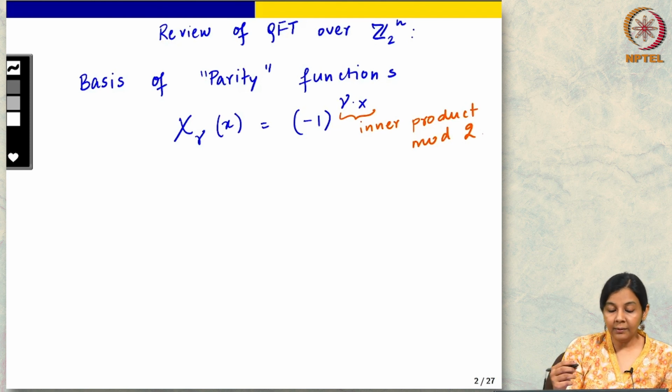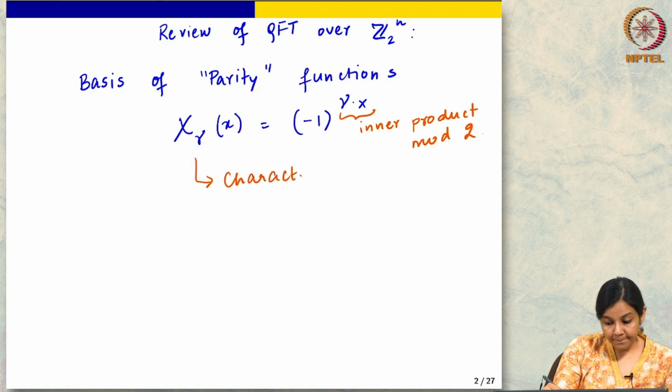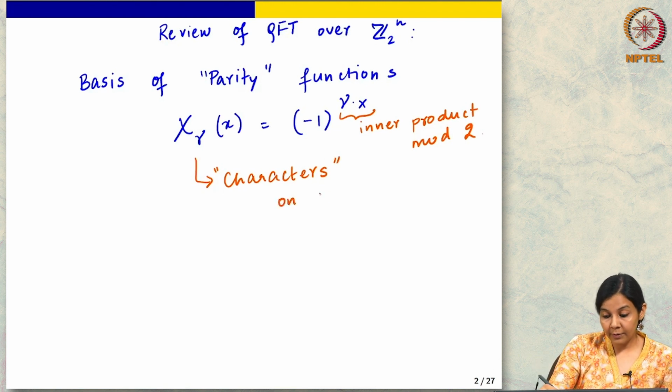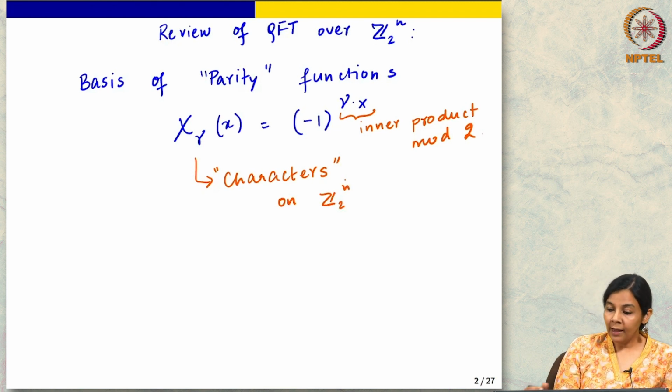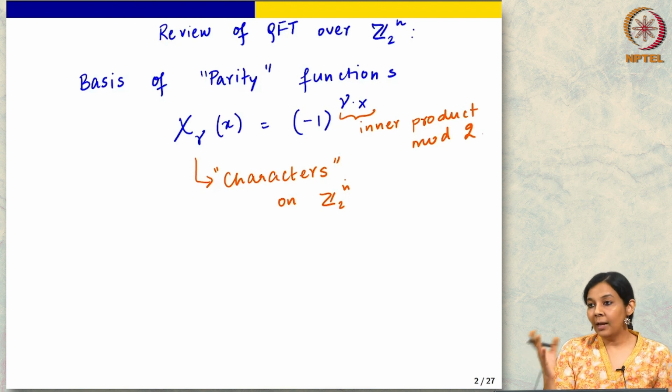In particular, we also discussed that these chi functions are what are called characters on Z2 to the n. Maybe I did not spend too much time on this, but today we will talk about what characters are, and this is going to help us generalize the idea and not be so tied down to this one particular space.